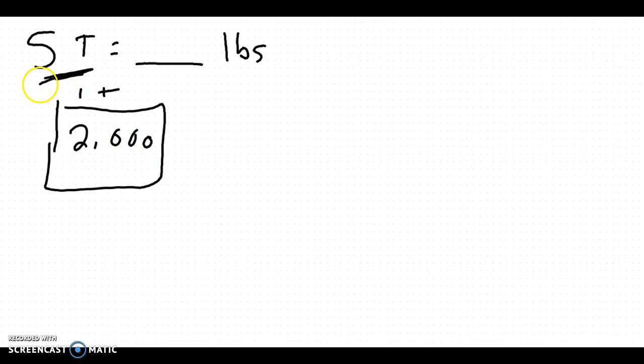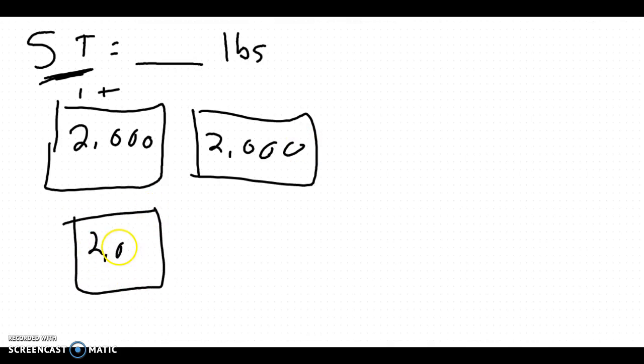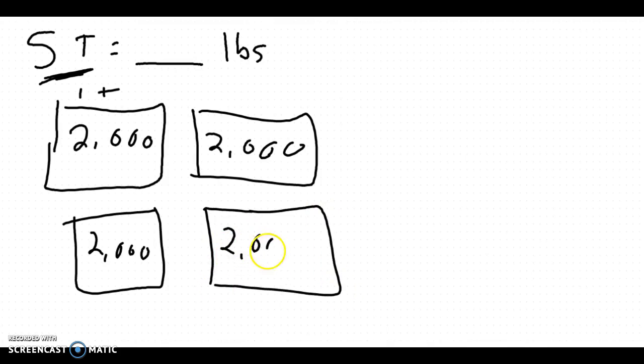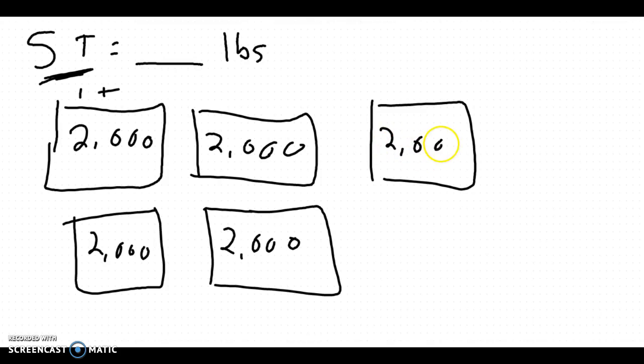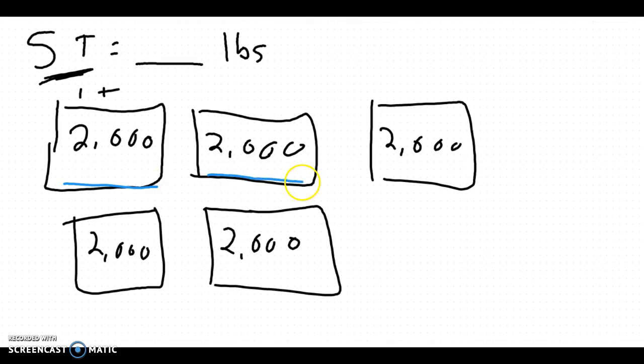Well, I have 5 tons, so I'm going to draw 5 tons, and each ton is going to have 2,000 pounds. So I have my 5 tons, 1, 2, 3, 4, 5, and each ton is 2,000 pounds.